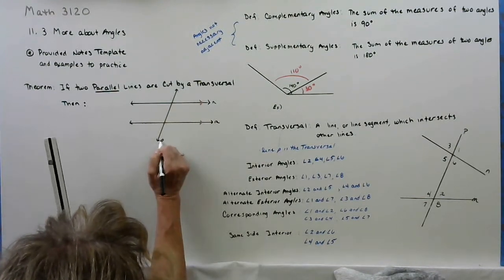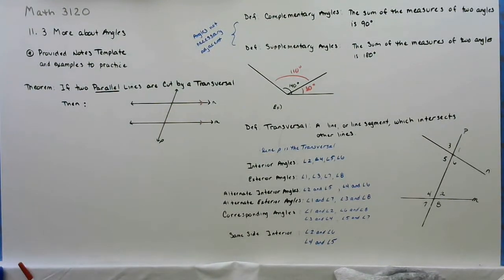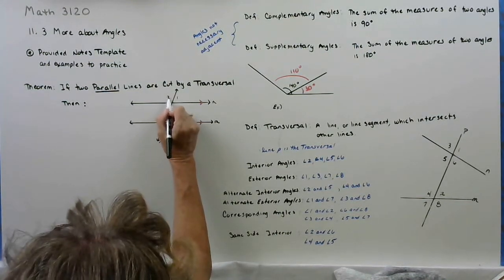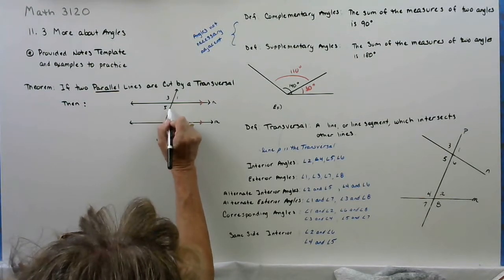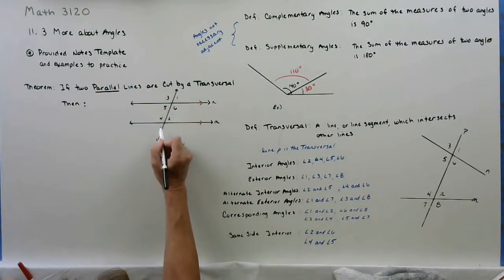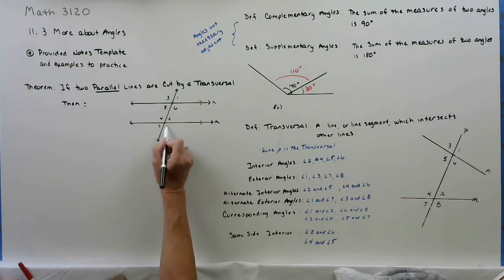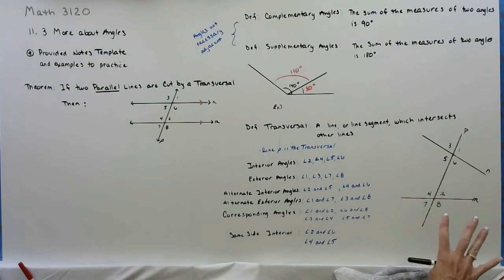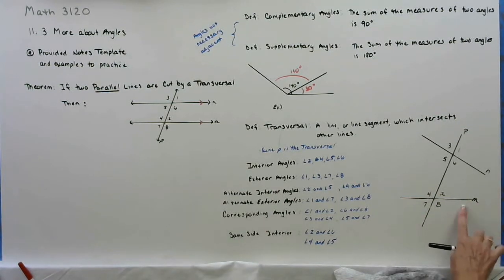I'll call this line P. And we can number them the same as what we just did. 1, 3, 5, 6, 2, 7, 8. So I'm using this same setup, but this time I made these two lines parallel to each other.